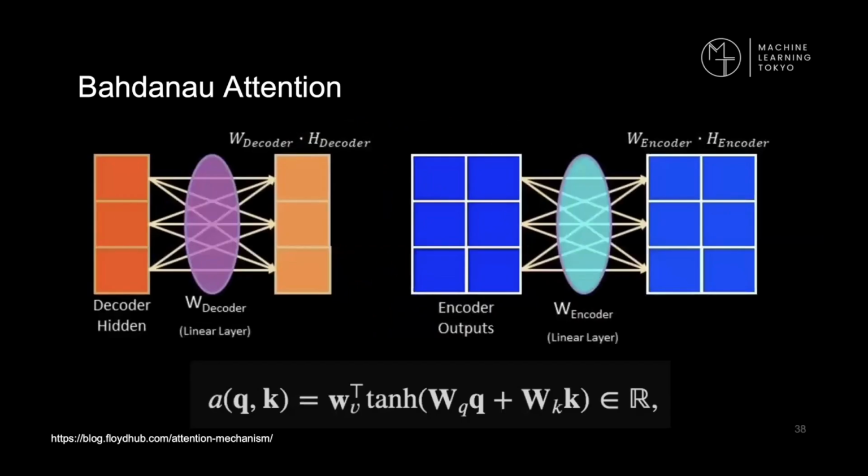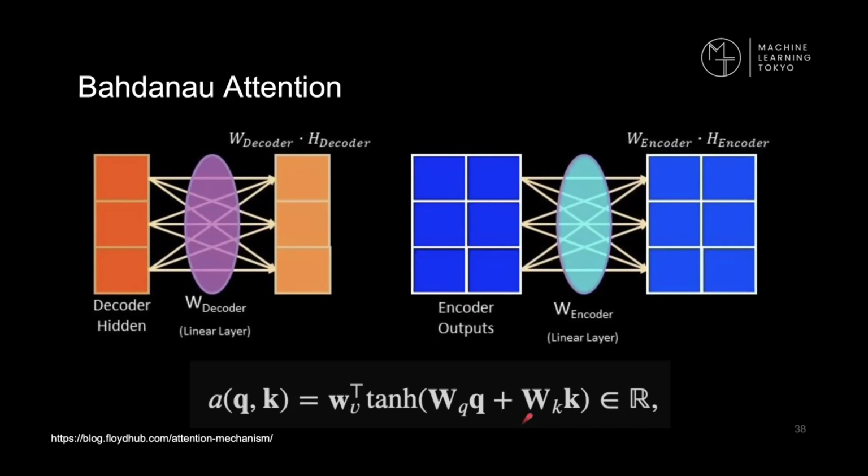Okay. The next step is, how do we compute this attention scoring function? What we have is the decoder hidden state, and we apply a multi-layer perceptron on top of it. That gives us this value, W_decoder times H_decoder, which is the part over here. You also have all the encoder inputs with you.